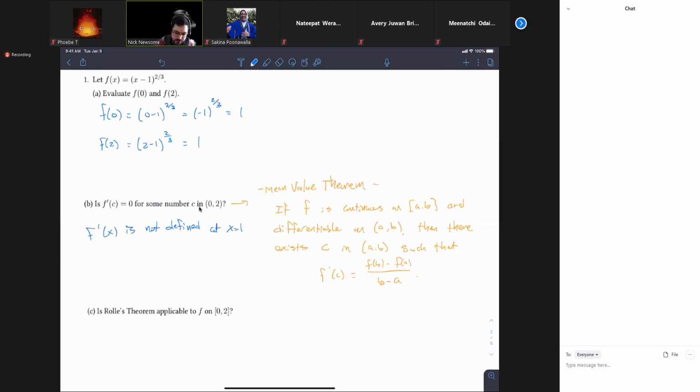I'm not going to write down what the derivative is, but if we take the derivative and use power rule, we're going to get a negative exponent, which means we're going to be dividing by x minus 1, and that's going to be a problem. So it's not defined at x equals 1, which means it can't be differentiable on this interval, so the theorem doesn't even apply. Okay. So we still have that the answer is no.